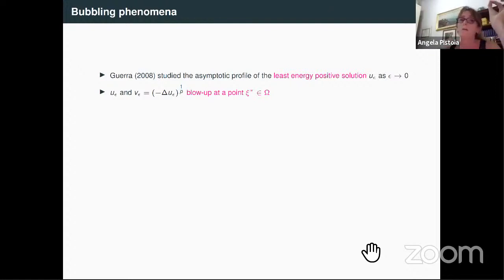So u epsilon and v epsilon, which is defined in this way, remember that I used Lions' approach to reduce the system to the single equation. So there are two components, u and v. So both components blow up at the same point, xi star in Omega.